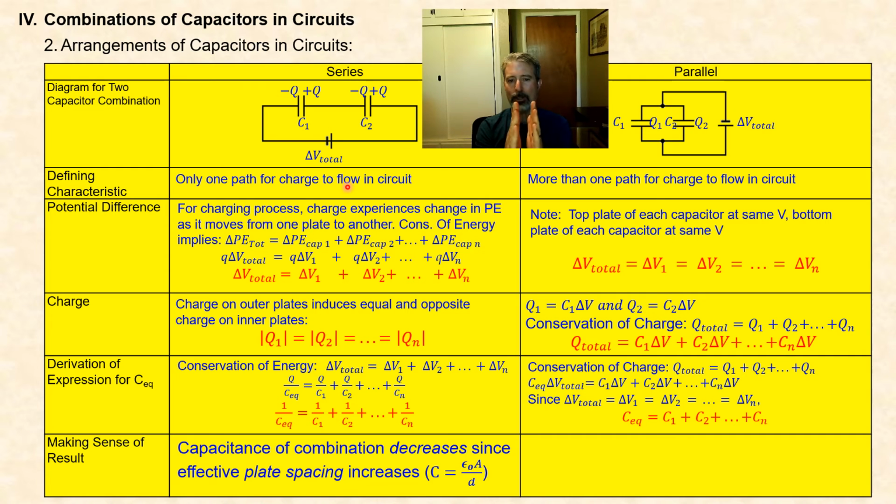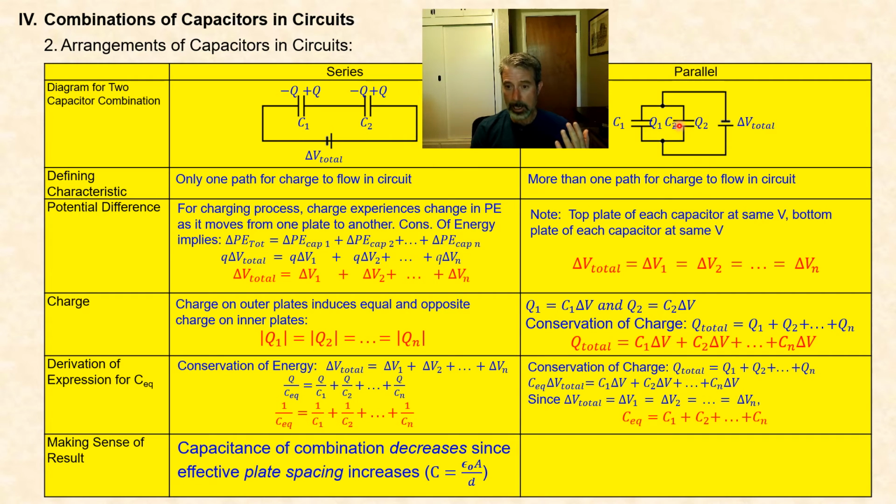Every time you add a capacitor with a spacing, you are increasing the average, or let's say effective, plate spacing of that single capacitor that can replace the combination. And we know that there's an inverse relationship between plate spacing and capacitance. So adding capacitors in series increases the effective plate spacing of that equivalent capacitor, which will cause the capacitance to decrease.